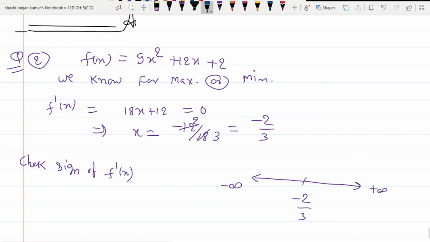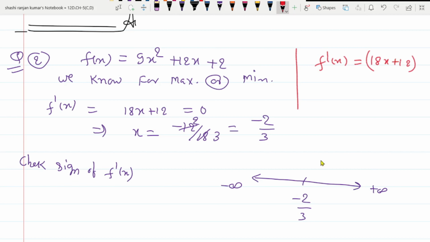With the help of this we can find the maxima or minima. If you take any value from this side, what are we getting here? f dash x here we have 18x plus 12, right? If you take any value from this side, you will get positive. Let us suppose we put 10.